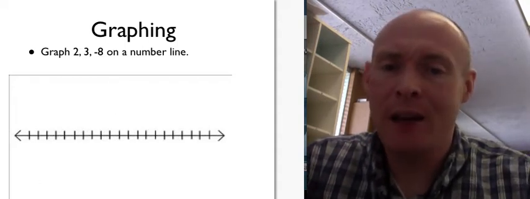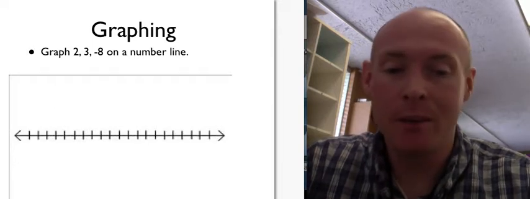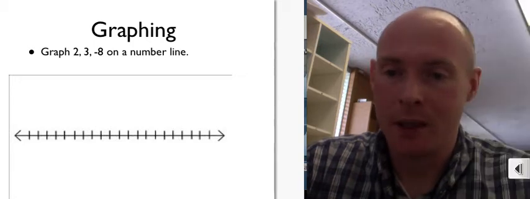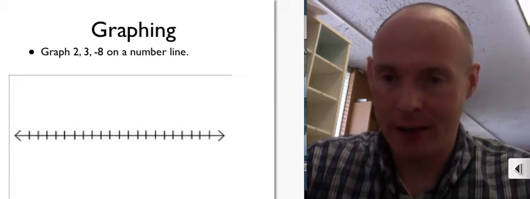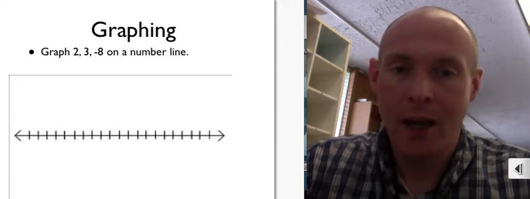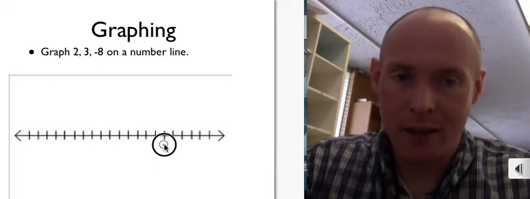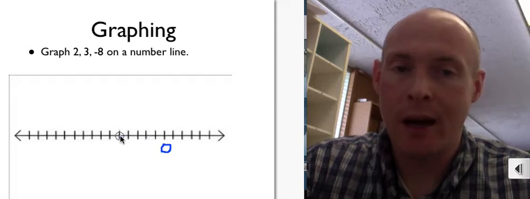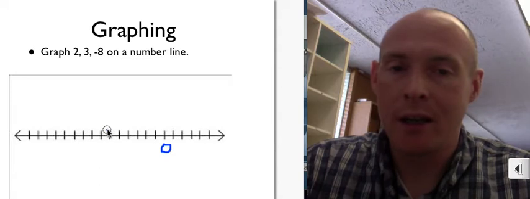First off, -8. The key is we can put our 0 anywhere in the number line. So, because I have to go to -8, I'm going to put my 0 right about here. And then I could put my -8. 1, 2, 3, 4, 5, 6, 7, 8.